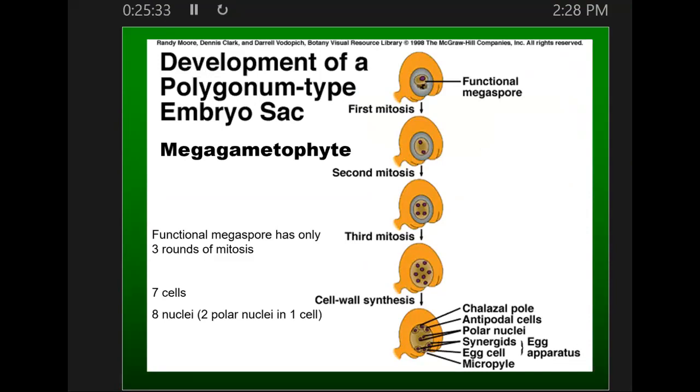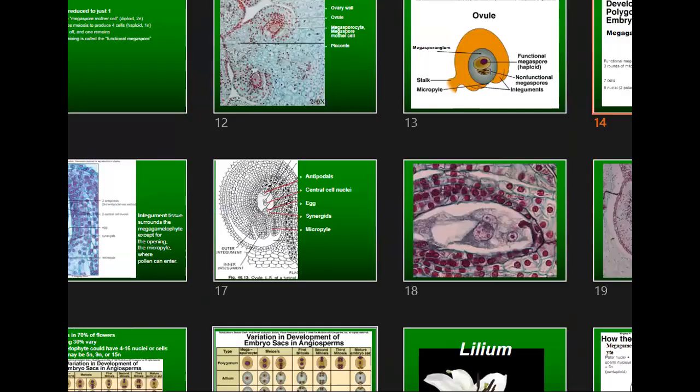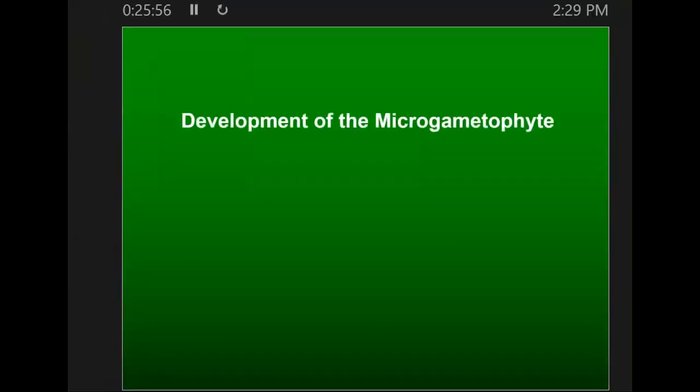That's pretty straightforward compared, especially when you look, you didn't learn about how gymnosperms do this, but it's quite a bit different, more complicated. So this is the embryo sac or the megagametophyte. And so once you have the egg and the whole embryo sac mature, ready to go, then it's got to wait for the sperm to get there.